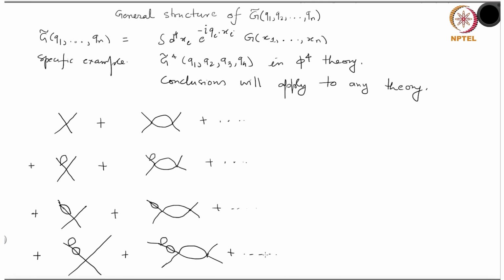Okay, and there are infinite diagrams, because you have to consider all terms of order lambda to the n, where n goes to infinity. Okay, so we have this now.